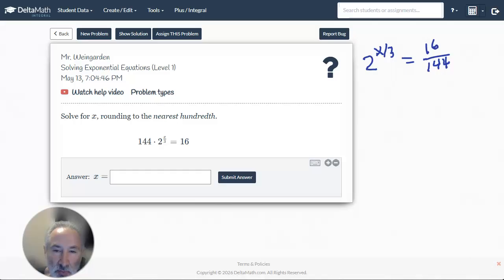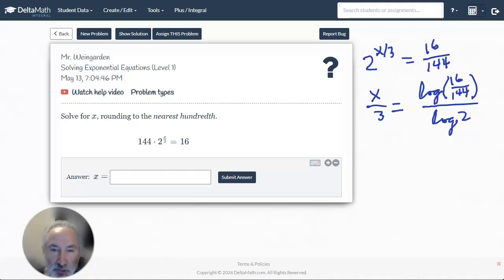So I'll get to the point where it's going to be x over 3. And that's going to be equal to log of 16 over 144. Let's make sure that we put that in parentheses. Okay, then divided by log of 2.